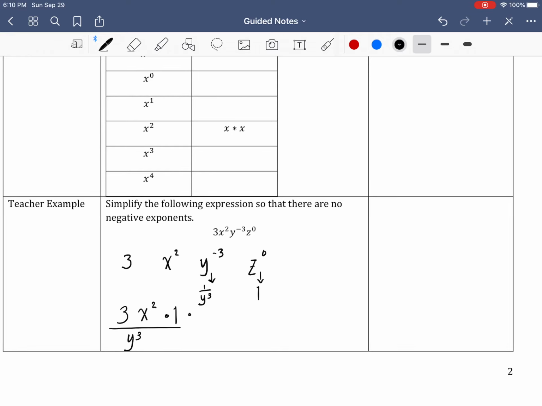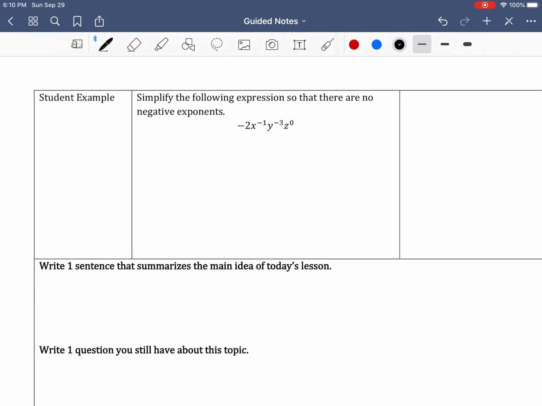So here, this is going to be multiplied by 1. So altogether, you're going to have 3 times 1 times 1, which is still 3, x squared over y to the 3rd power. And that is our simplest form. Take a second to try your student example.